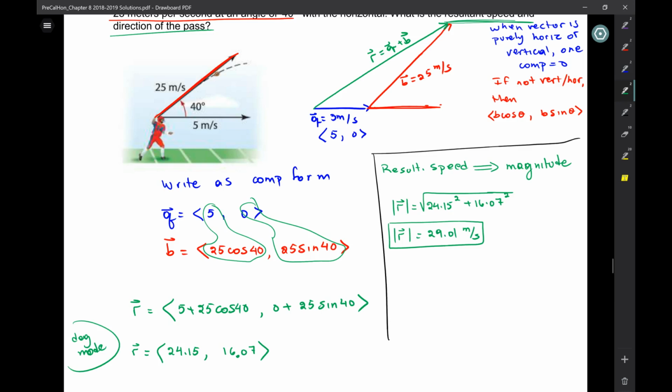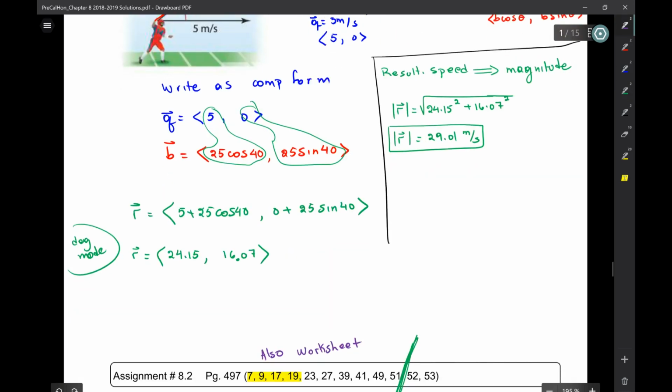But because his direction and the direction of the ball are not parallel, they add like a vector. That's a little bit on the physics side, but it helps you understand the numbers. So now the magnitude is 29.01.